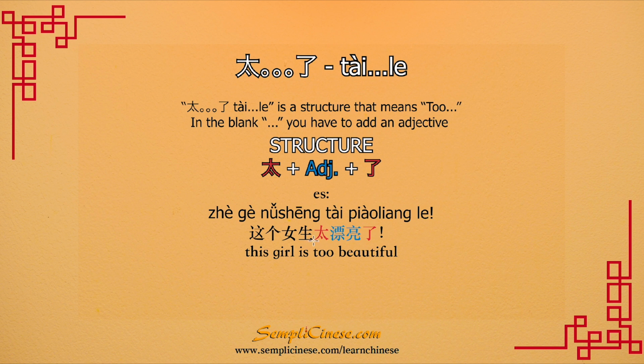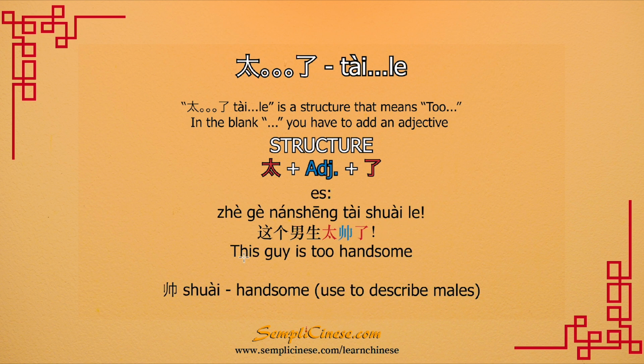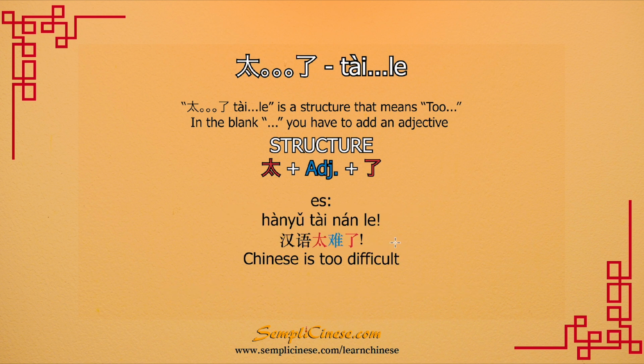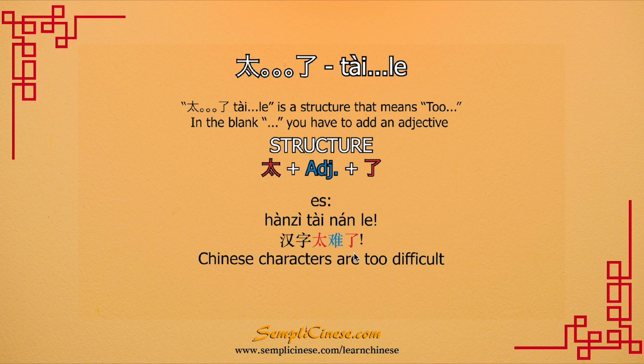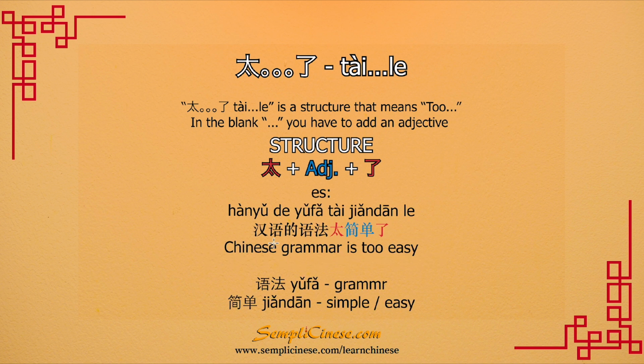For example, 这个女生太漂亮了。Or 这个男生太帅了。Or 汉语太难了。Or 中文太难了。Or 汉字太难了。Or 汉语的语法太简单了。语法 means grammar. 简单 means simple or easy.